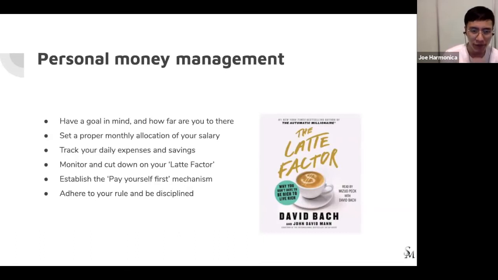So first, you need to have a goal in mind to know how far you are from your goal, okay? So this is you today, and that is you at the goal. So between this gap is how you are going to fill up that goal and what action plans you need to take. And secondly, you need to set a proper monthly allocation of your salary or your take-home income, okay?